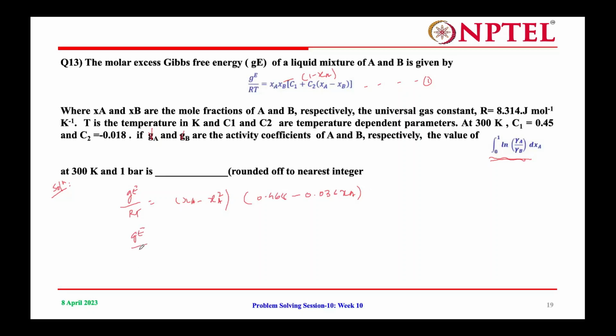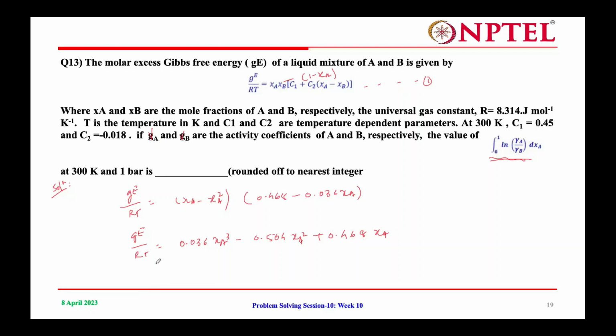G^E by RT equals 0.036 x_A cube minus 0.504 x_A square plus 0.468 x_A. Right.